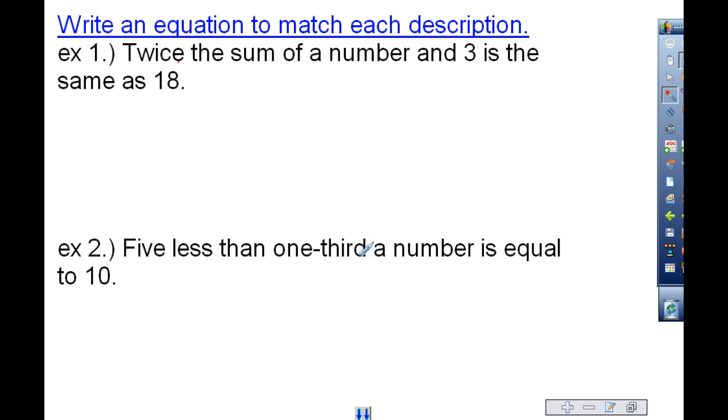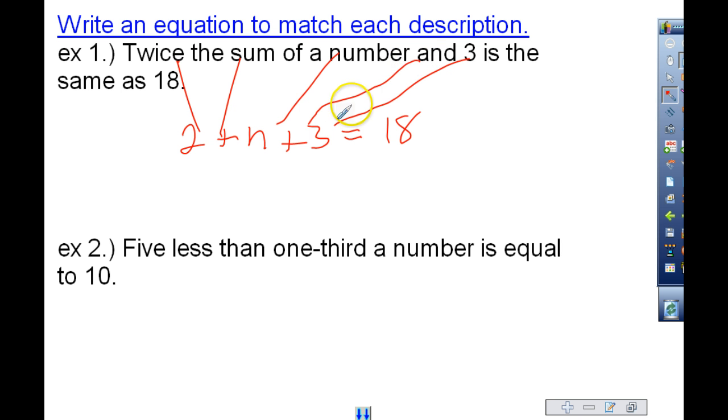There are all these nuances about translating. So here, we can't say twice, some, number, and 3 is 18. This is not correct. It does not work. You cannot do just one thing, one number, at a time. So this is why we're going over a few of these nuances.